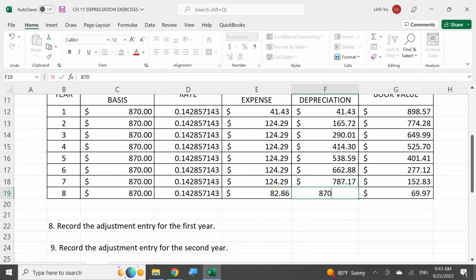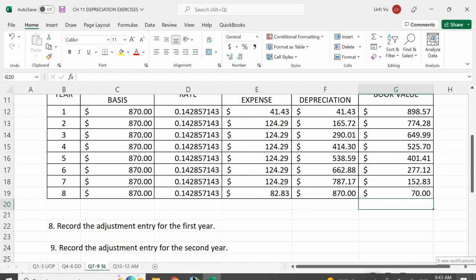So if that's the case, I need this to be $83.83. There you go. So I may have to adjust it by a couple of pennies, but that's okay in this case. As long as you know that the salvage value has to equal 70, but at the end of the day, we know that we also have 8 months left of the asset that we can still depreciate.